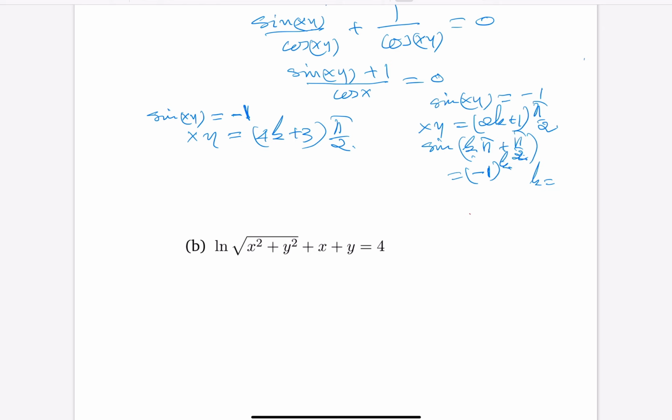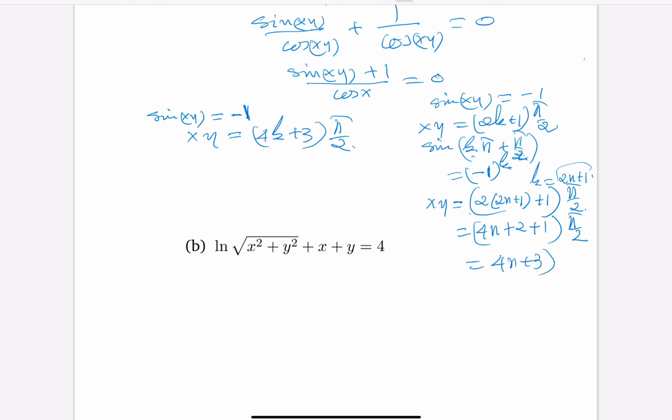No, it has to be an odd number. So you can have 2n plus 1. If you take the 2n plus 1 and replace it back here, you can have xy equal to 2 parentheses 2n plus 1, and put the bracket, you have pi over 2. And here you have 4n plus 2 plus 1 parentheses pi over 2. And here you can have 4n plus 3 pi over 2.